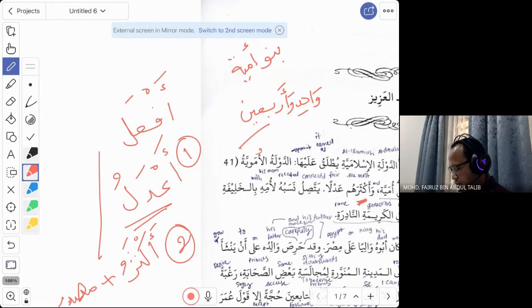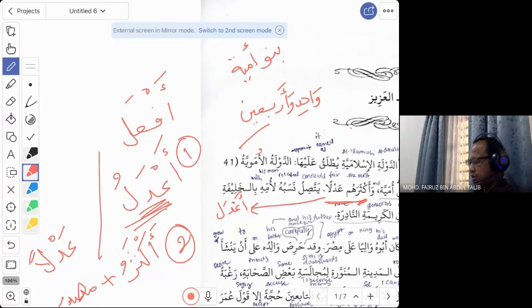The masdar of adil is adl. We combine the two words, akthar adlan. That is why you have aktharuhum adlan, which literally is similar to a'daluhum, from the word a'dal. So this is another way of having the isim tafdil.